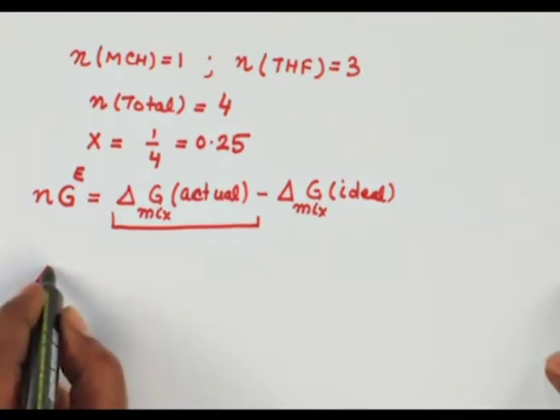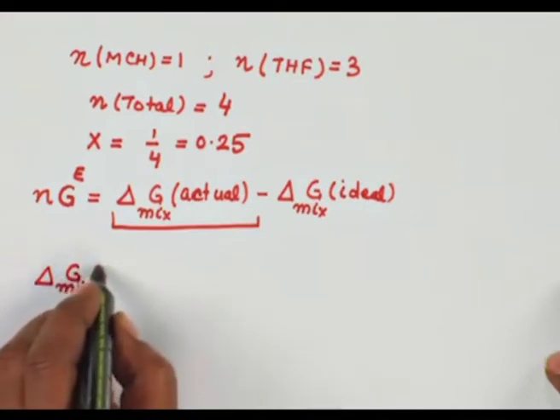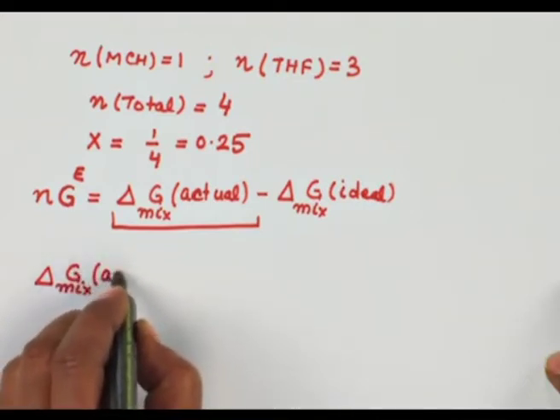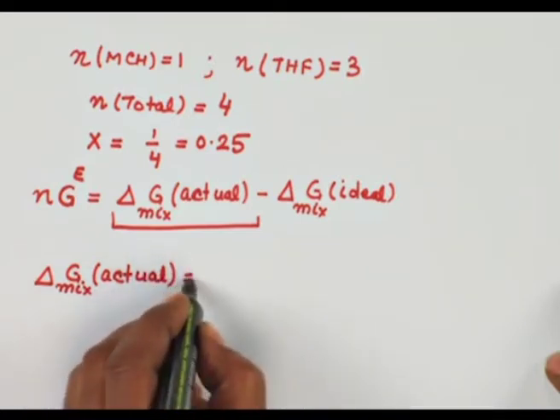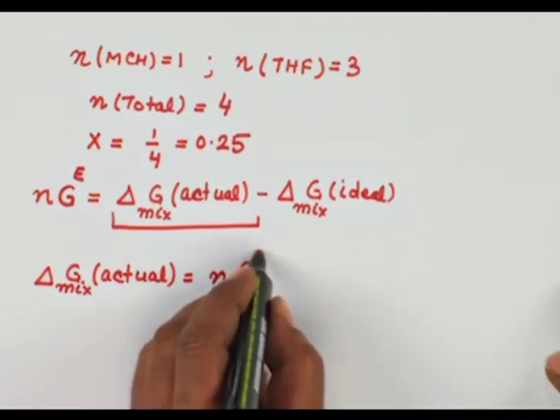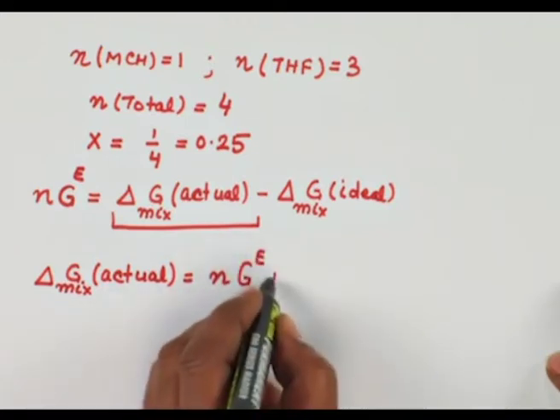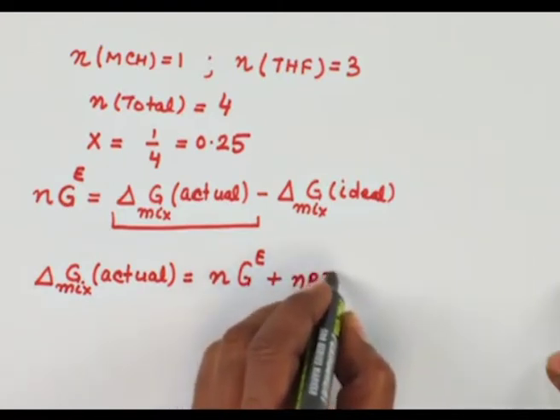So what I have, delta G mixing actual is equal to n times excess Gibbs function plus nRT.